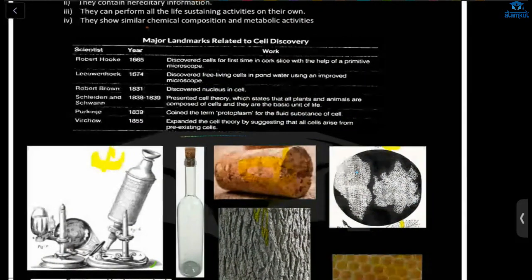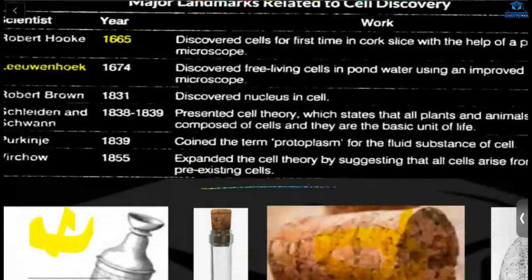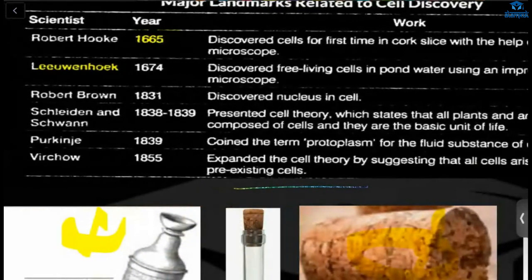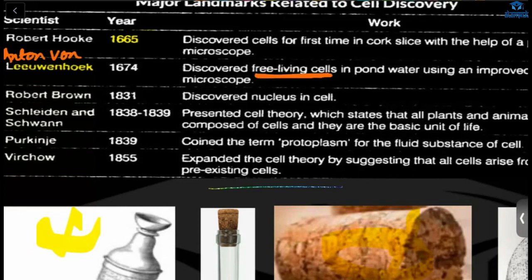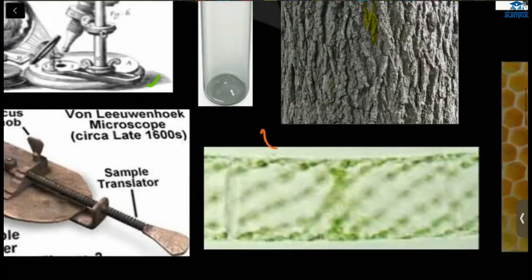This cell was discovered in 1665. Then Anton von Leeuwenhoek discovered free living cells, the first living cells. Robert Hooke discovered dead cells, and Leeuwenhoek discovered free living cells in a pond.